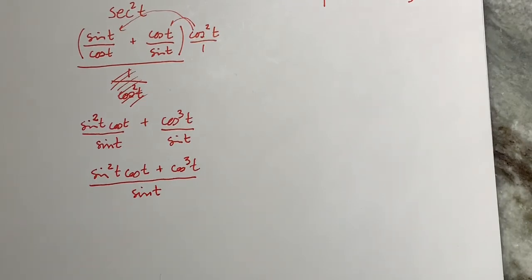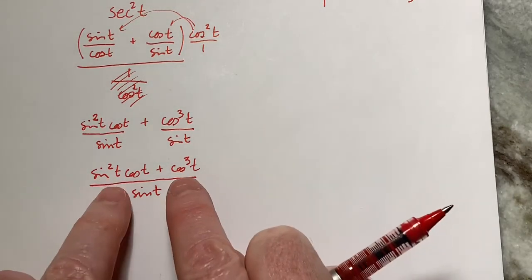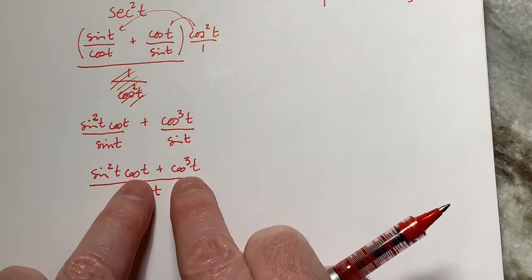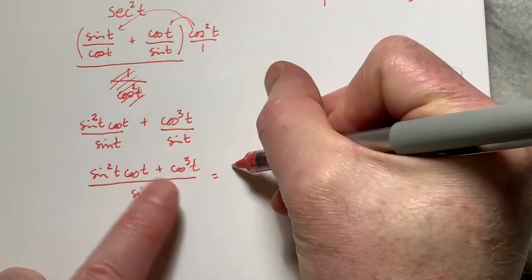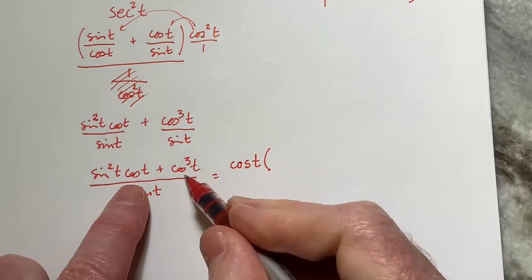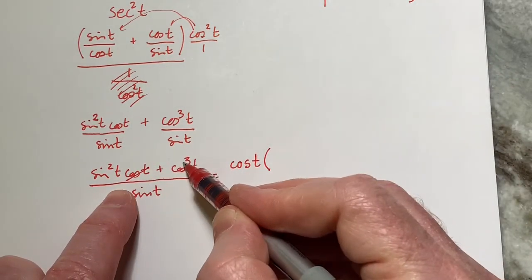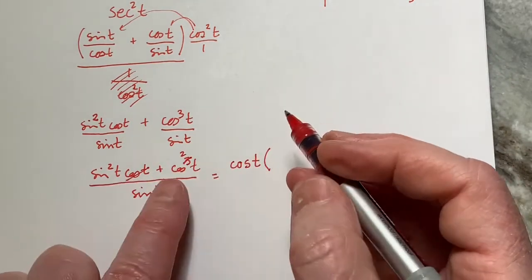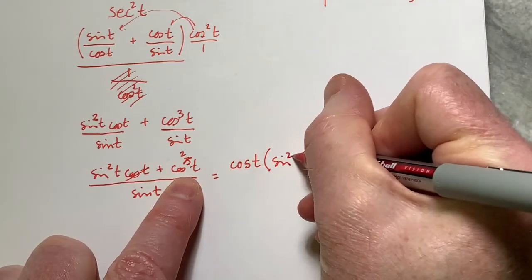Well, one of the things on your sheet, if you look at it, is to factor the polynomial. And when I look at this right here, I see that there's a cosine that they both have in common. And what would happen if I factored out that cosine? If I factor out one of those and one of those, I'm left with sine squared plus cosine squared on the inside.